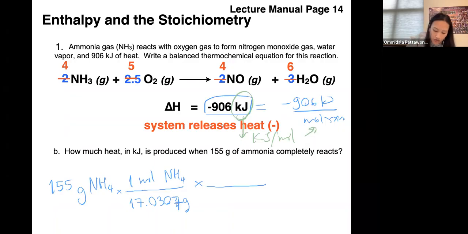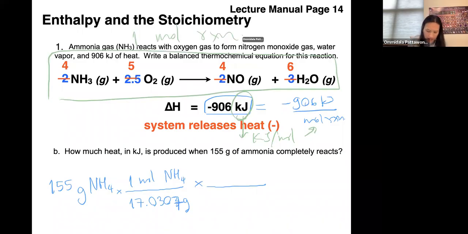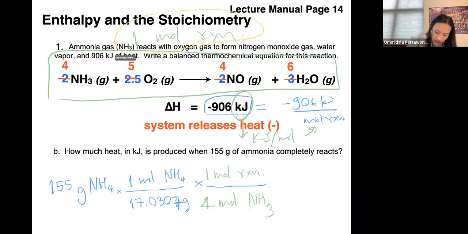Remember, this whole thing is considered 1 mole of reaction. So this 1 mole of reaction requires 4 mole of NH3, of ammonia. That's the conversion factor I can get from here as well.